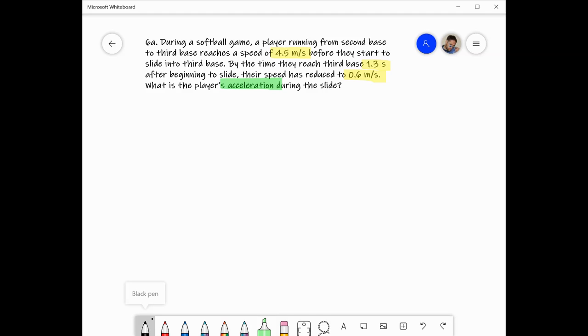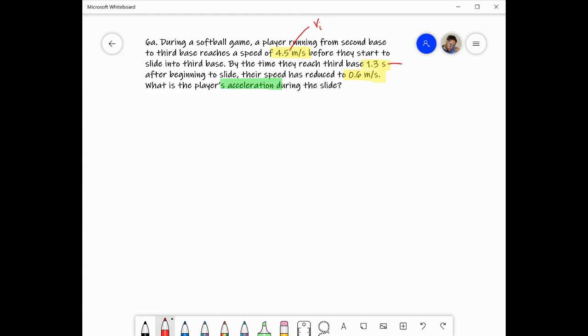I can once again go back here and annotate this, giving these things actual labels. It says they're reaching the speed of this before they start to slide. So this 4.5 is a velocity, and we could say that this is my starting velocity, VI. On the other hand, it says by the time they reach the third base, and then they give a certain amount of time later.